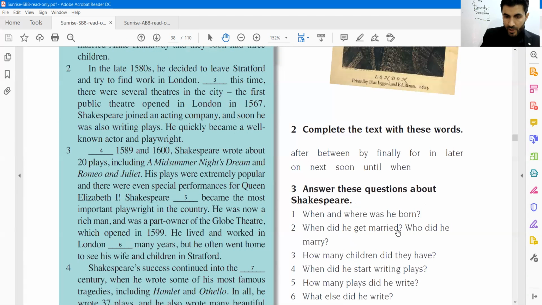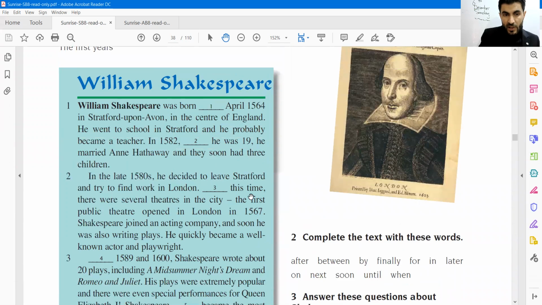When did he get married? Who did he marry? So you can say he married when he was 19. Or you can say he married Anna Hathaway when he was 19 years old.